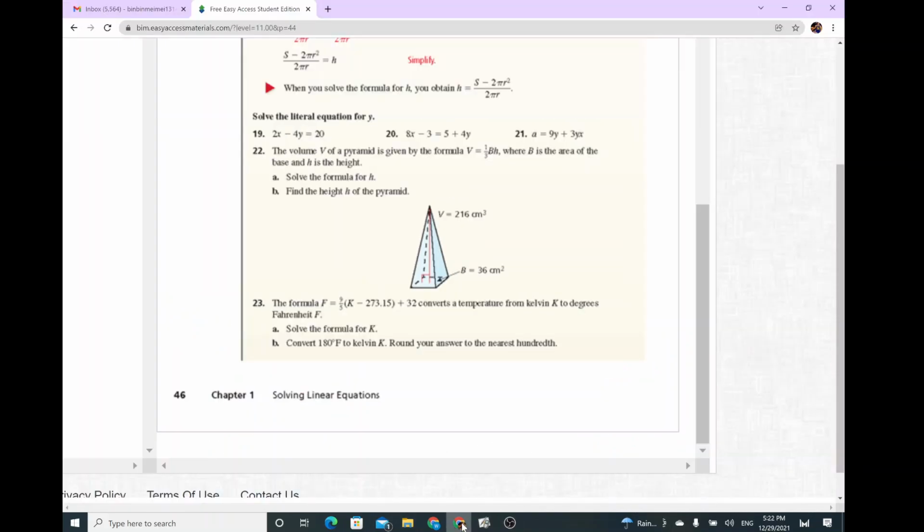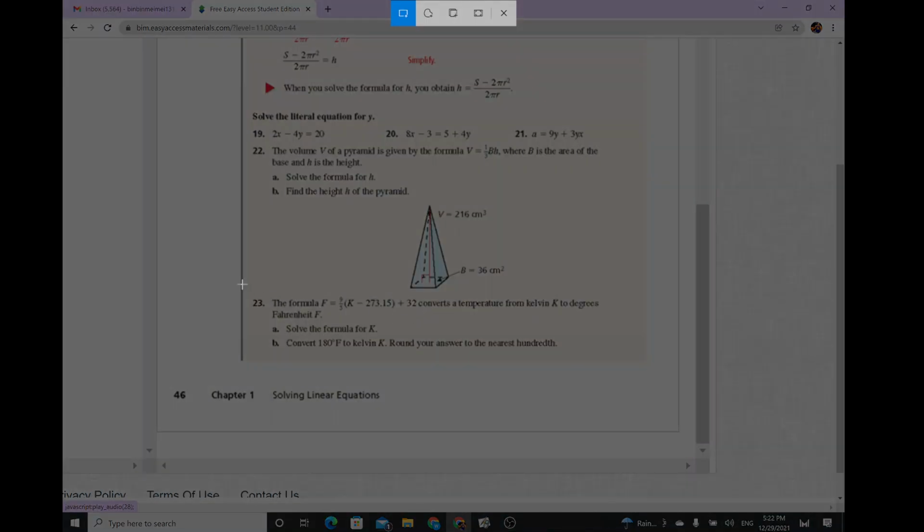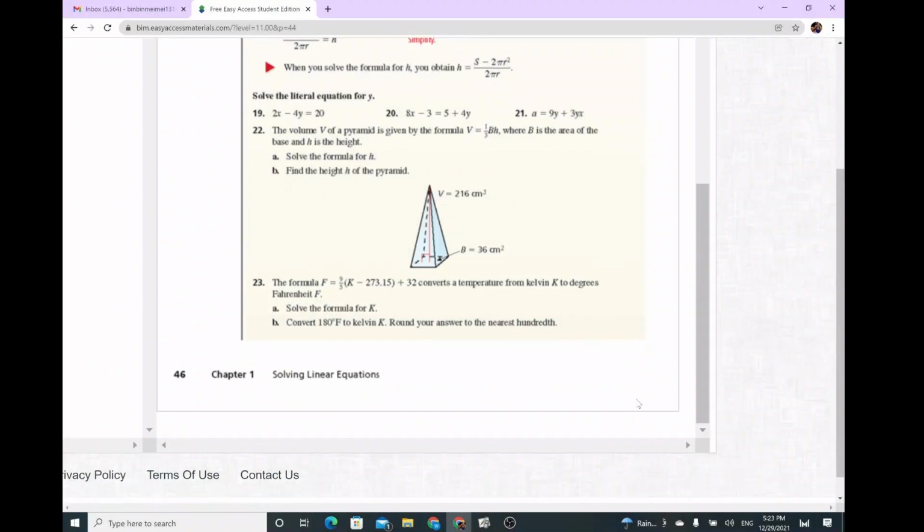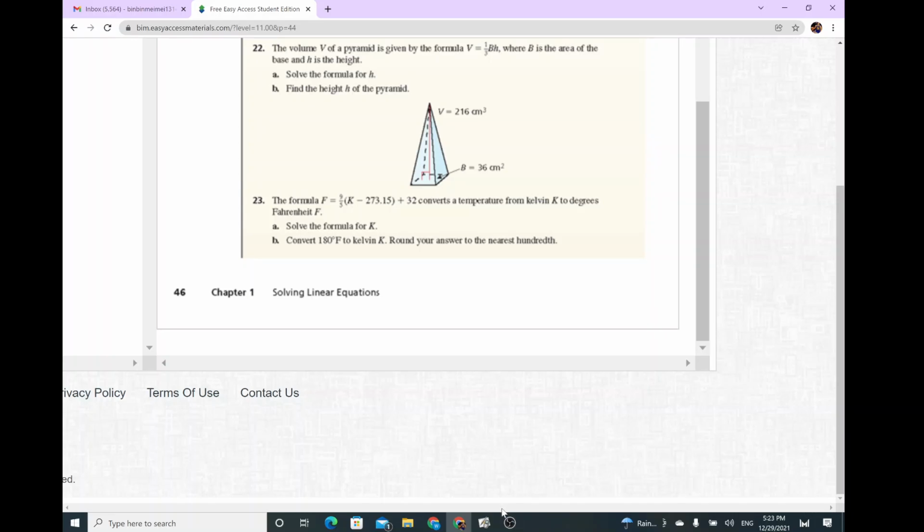Alright, so another word problem that's quite similar. This one is to convert from degrees Kelvin to degrees Fahrenheit and solve for K. Let's write that one too, since this is the last one. This one's more like a general science word problem, converting temperature from Kelvin to Fahrenheit.